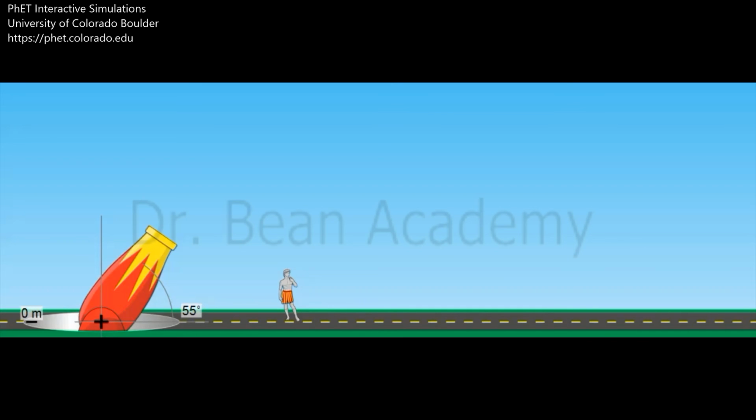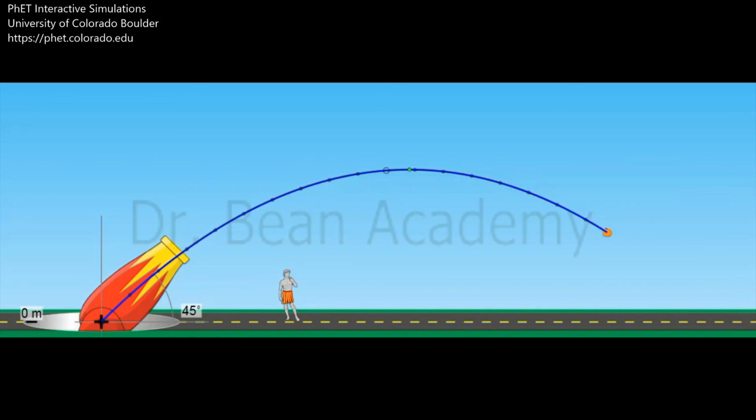Let's use this animation to verify the results of the question we proved. I have the cannon here, so I will just fire a cannonball at the angle 45 degrees and I will get the maximum range. So now according to the question, I will decrease the angle by a certain amount and then I will increase it later by the same amount. So let's choose 10 degrees. 45 minus 10 is 35 degrees.